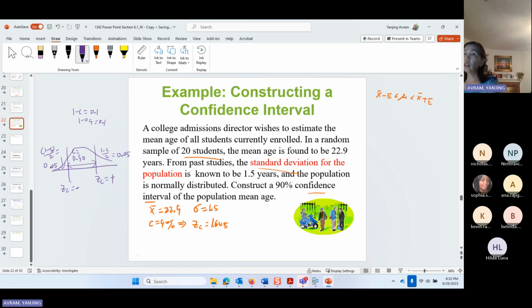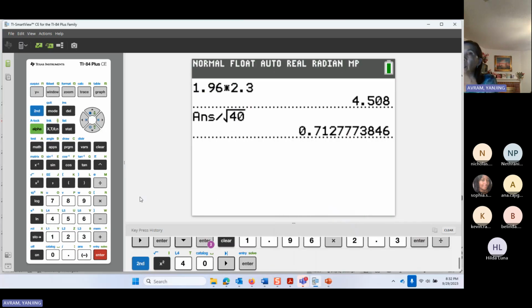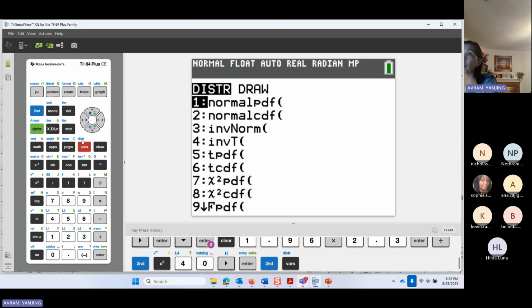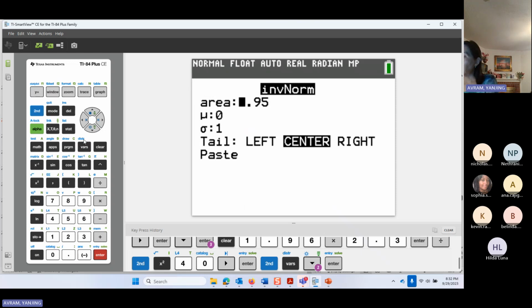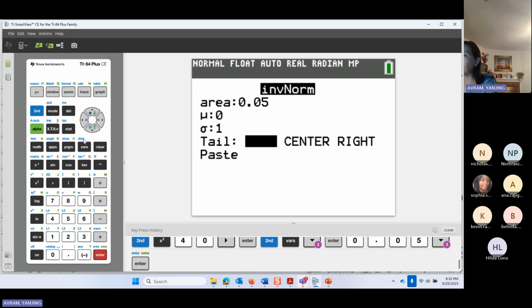You can go to the calculator for the z-score if the number is not on the table. Go to second, distribution, and then use number 3, inverse norm. I change this one to 0.05, and say this is my left side.